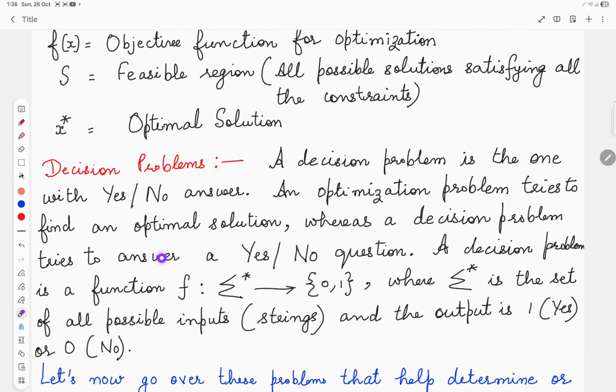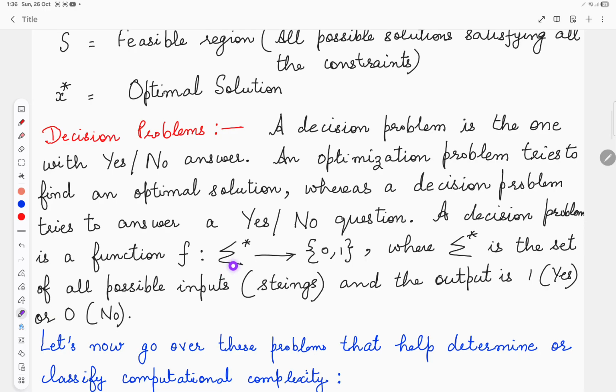Then the decision problems, where the solution is a yes or no answer. You apply the complete set of possible inputs and keep on asking whether this is the correct answer or not. You will get the answer as yes or no, or 0 or 1, as output.